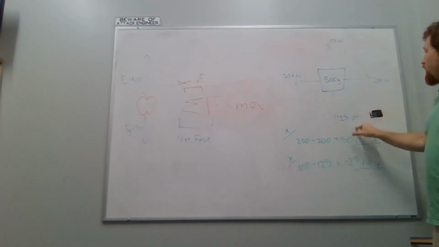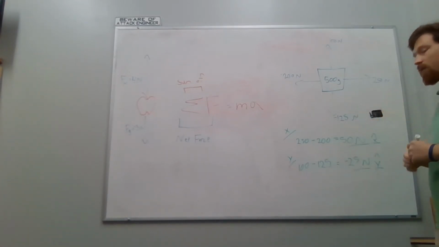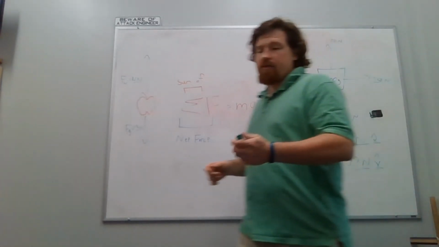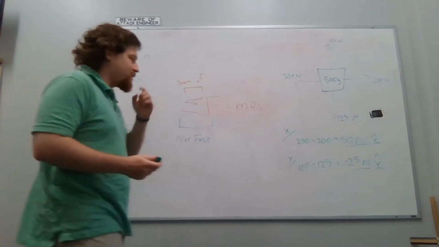So currently, these 2 players in the tug-of-war game are winning. Keep that in mind. So, part A asks us for the net force on the object. And these right here are the net forces in both our x and our y axis. Great job. Next, we're going to find the total acceleration of the box.